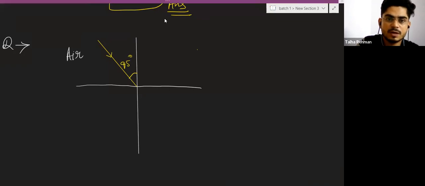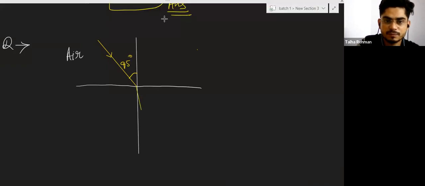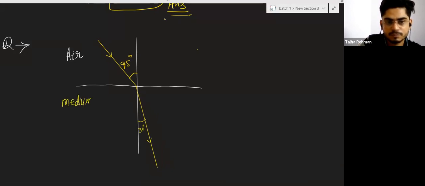and after the refraction this ray is making an angle of 30 degrees. This is some medium, medium x, and you have to find the refractive index of this medium x.